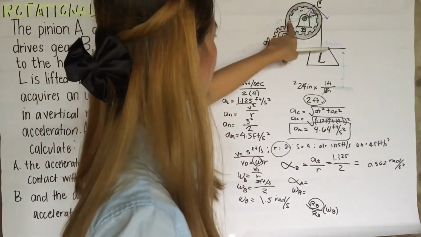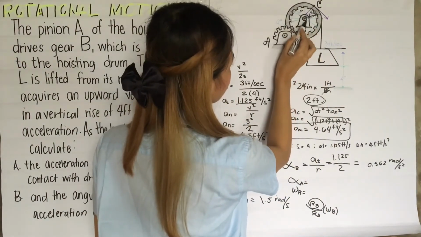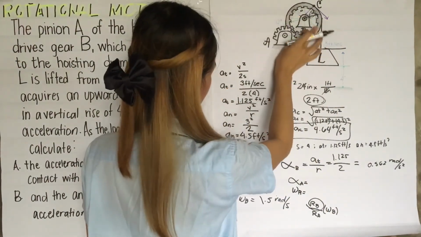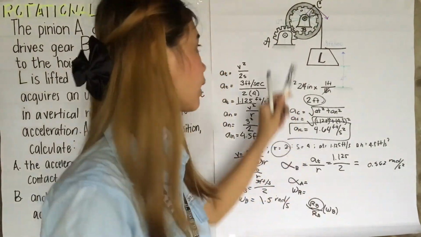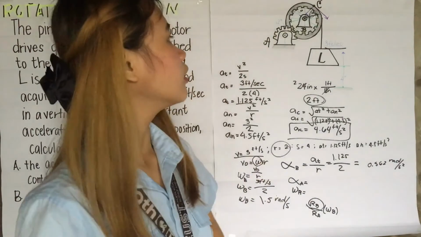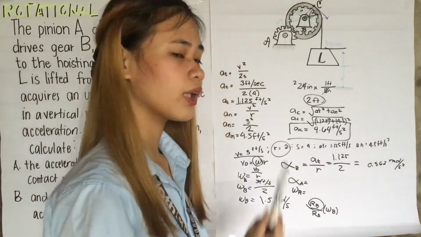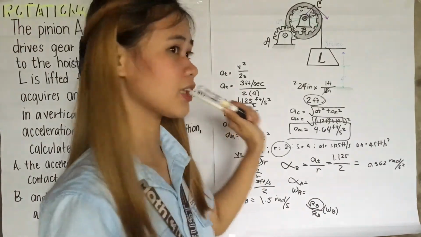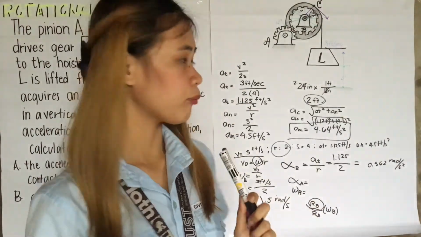The diameter of B is 36 inches, so half of that is the radius, which is 18 inches. Converting 18 inches into feet gives 1.5.